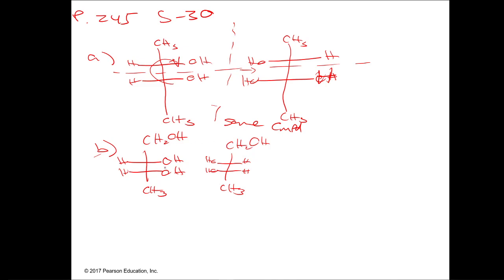Because on the top I would have an OH, and on the bottom I have a CH2. So if I were to rotate this 180 degrees, it's no longer the same molecule. So these are mirror images of each other, and non-superimposable. Enantiomers. And could you separate them by distillation or recrystallization? No.